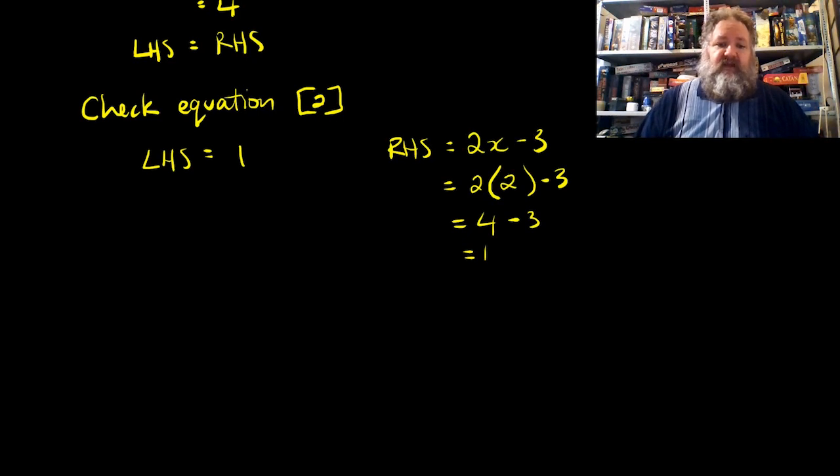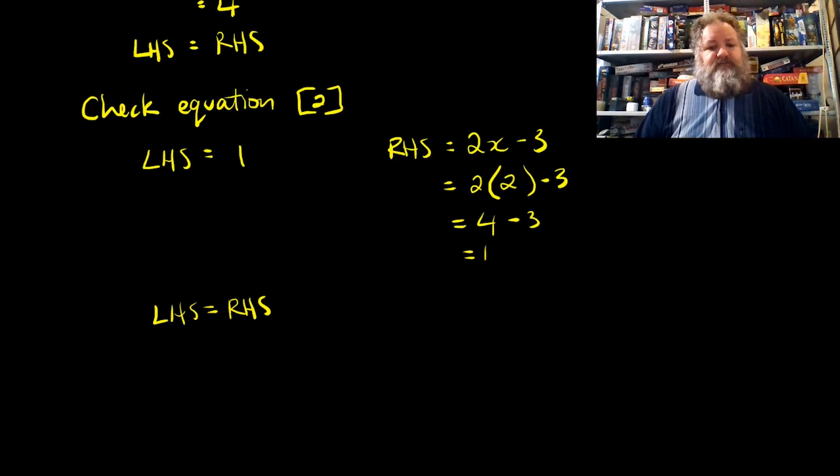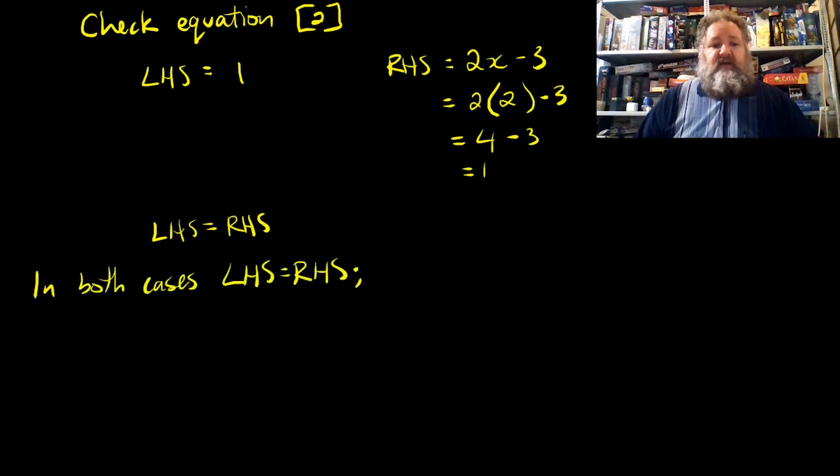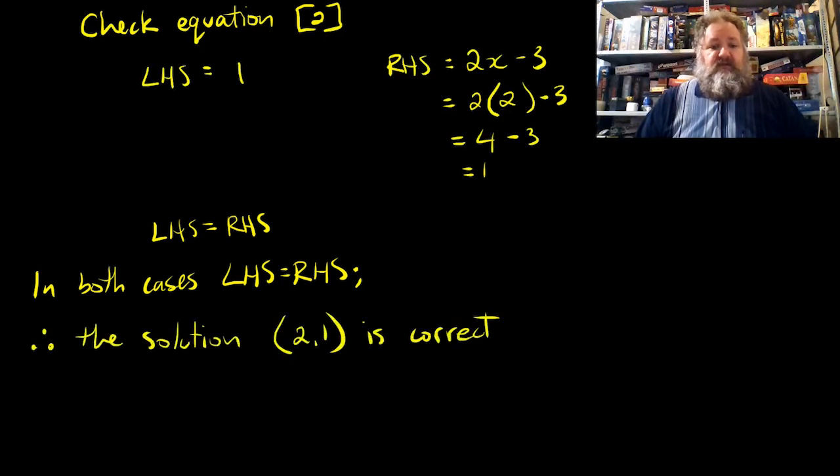So again, I can say that the left-hand side equals the right-hand side. I've proven that it is correct, so I will write that in both cases the left-hand side equals the right-hand side, therefore the solution of (2, 1) is correct. It's the correct solution for that pair of linear equations.